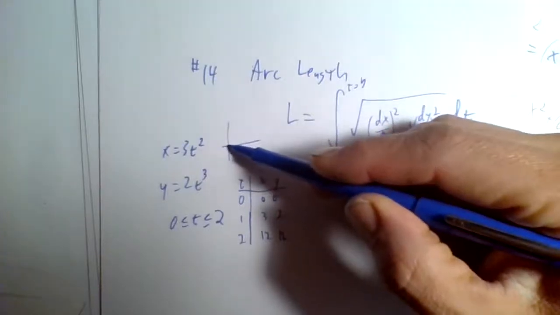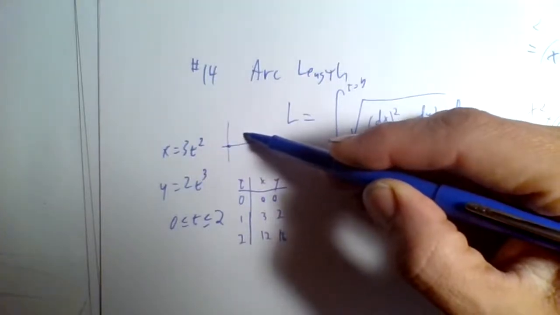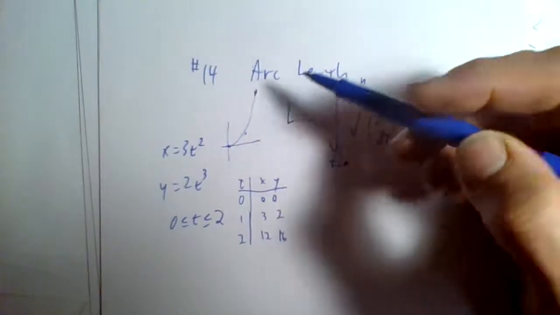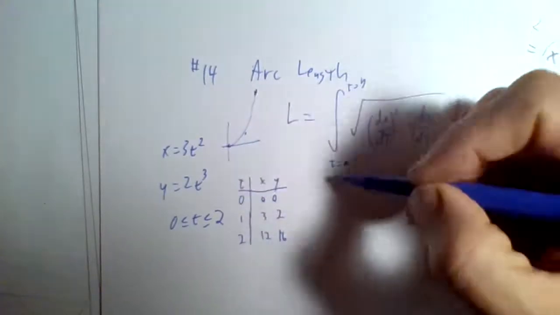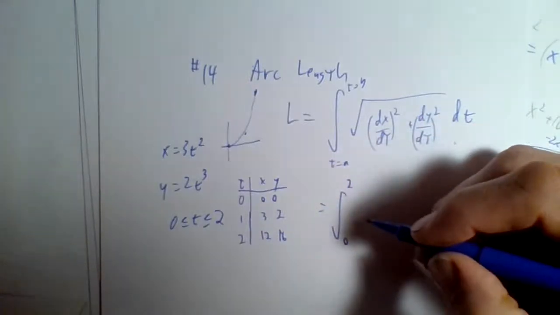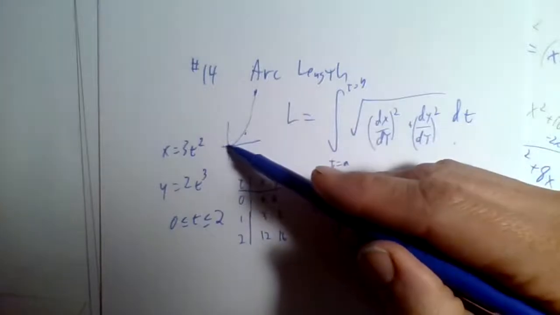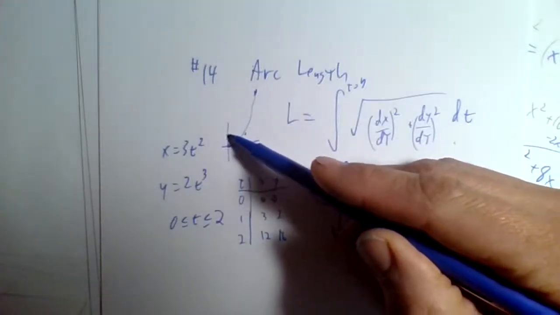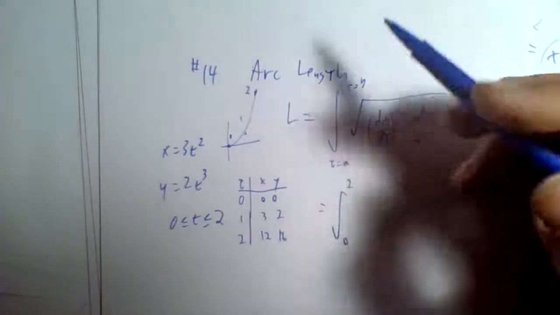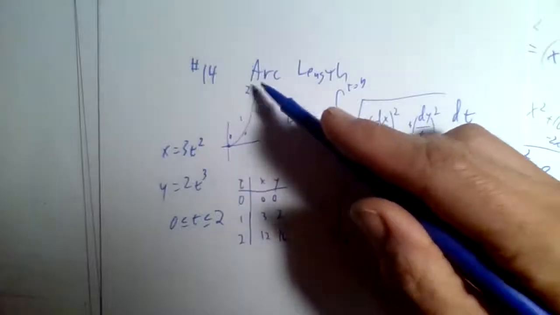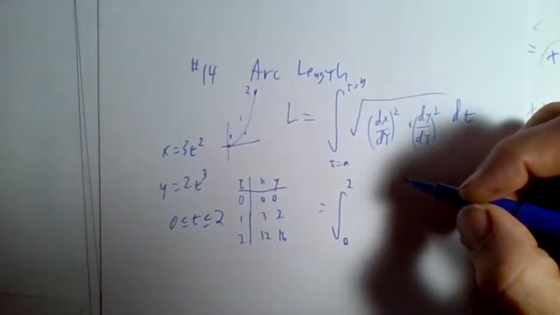So we're going from the origin through 3, 2 to 12, 16, some kind of weird curve this way, and stopping at that point. Those are our values for t going from 0 to 2. The parametric curve would just go through this from 0, 1, 2. It's not backtracking or doing anything weird, so we're going to get the right length if we just go from 0 to 2.